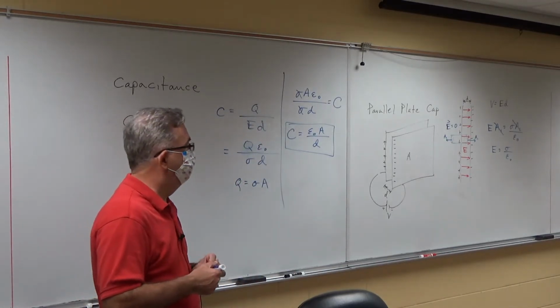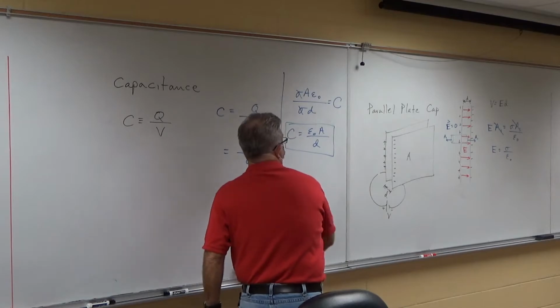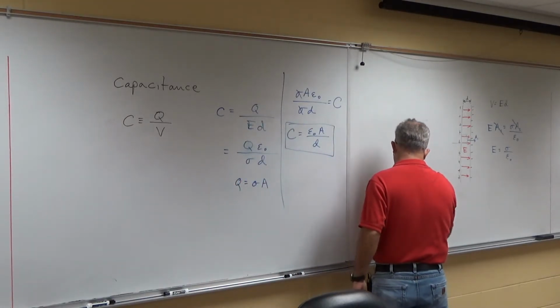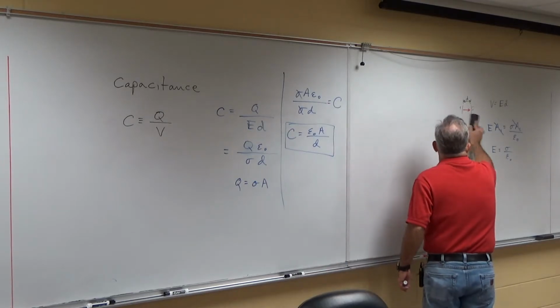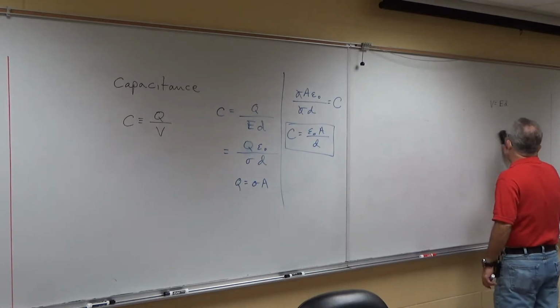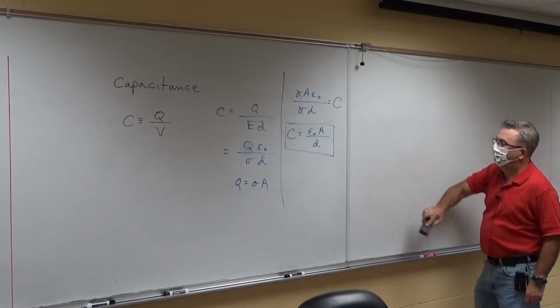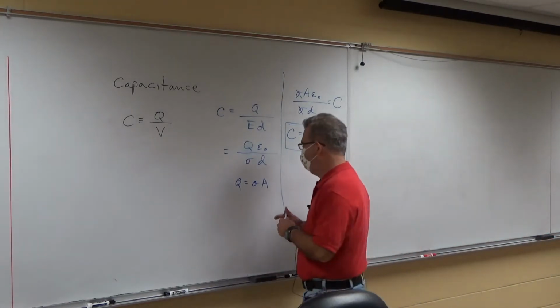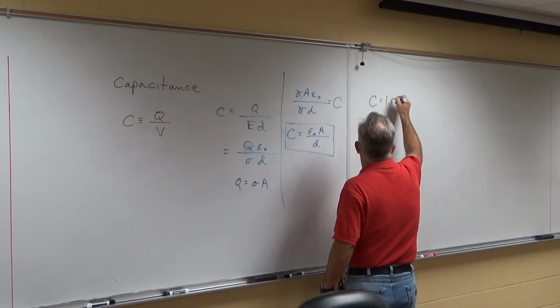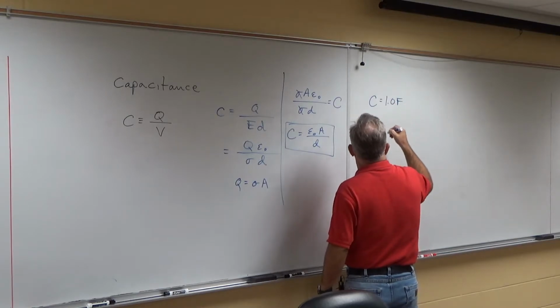All right. Let's do a calculation. So let's say that I want to build a 1 farad parallel plate capacitor. So C is equal to 1.0 farad.